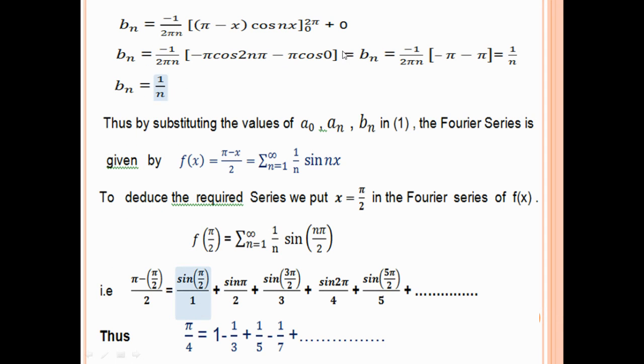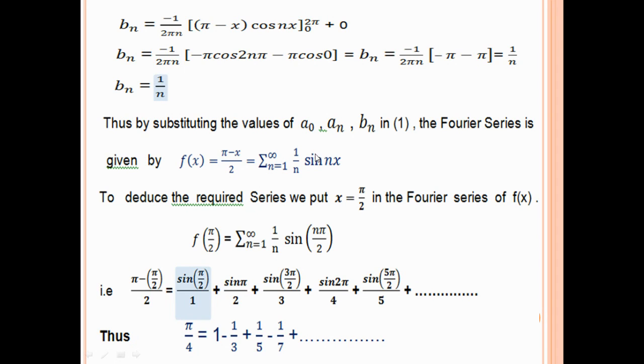We know that cos 2n pi value is 1 and cos 0 value is also 1. Therefore, it is minus pi minus pi, it will be minus 2 pi. Therefore, the minus gets cancelled and 2 pi gets cancelled. Remaining is 1 by n only. Therefore, bn value is 1 by n.